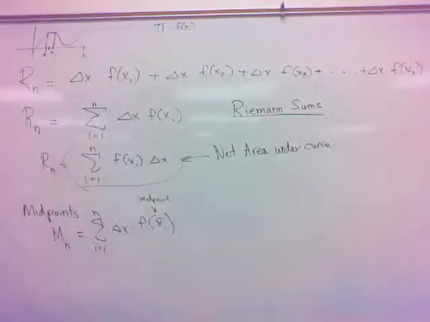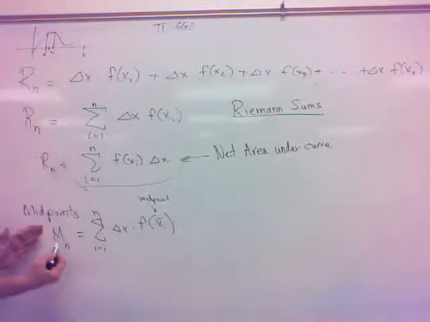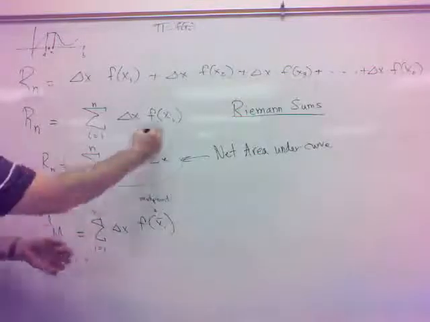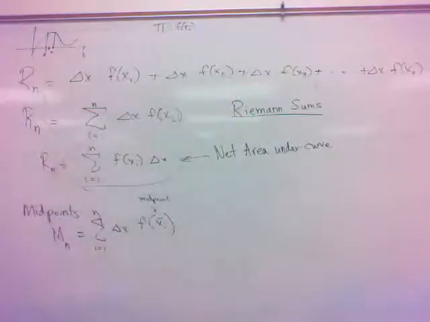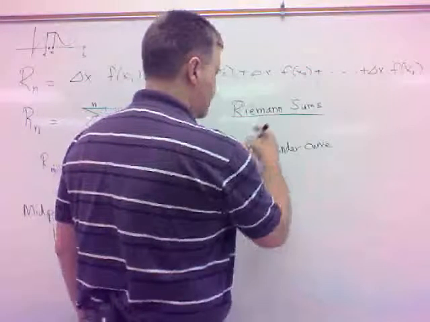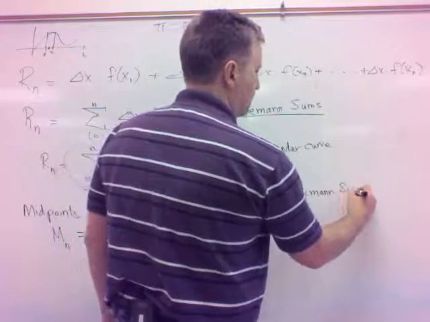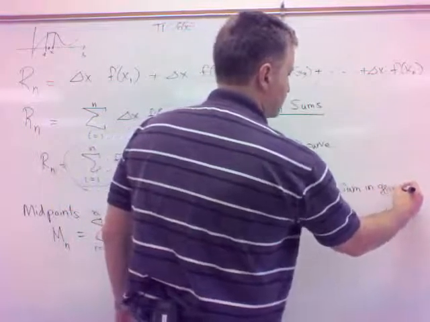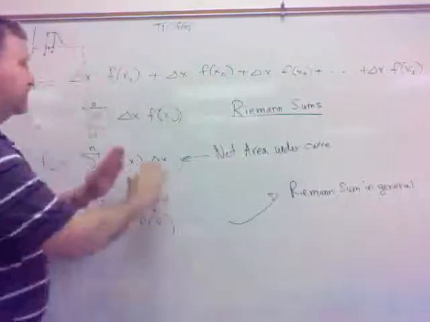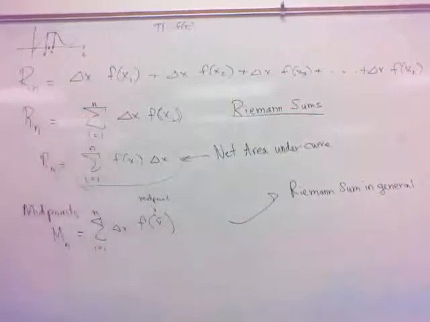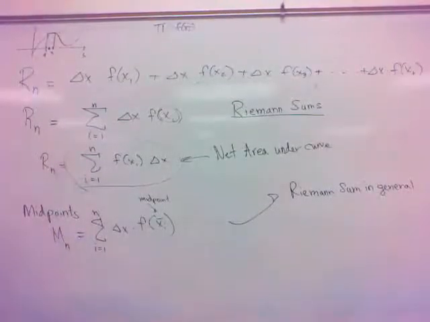If I change it from right to midpoint, and then if I change it to left endpoints, what's going to change is this. So sometimes the way they do it in general is they write the Riemann sum this way, because this value could be x sub 1, it could be the midpoint in the first interval, or it could be the left endpoint, which would be a whole other thing.